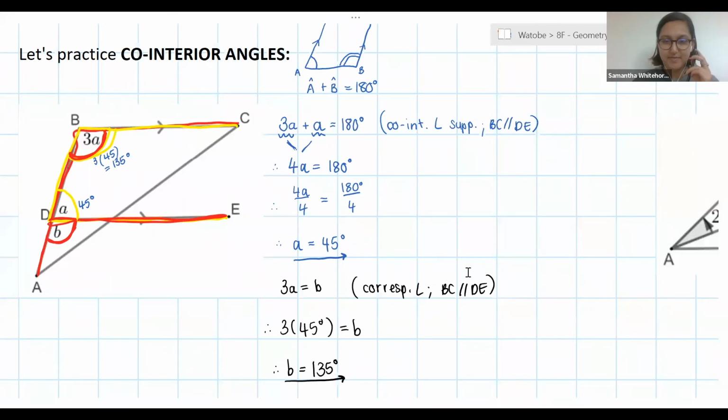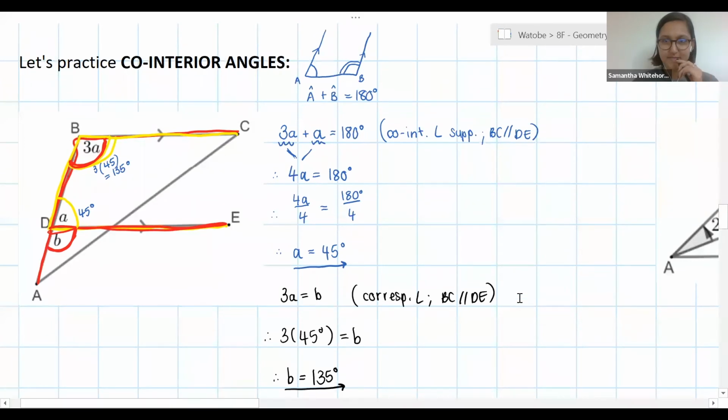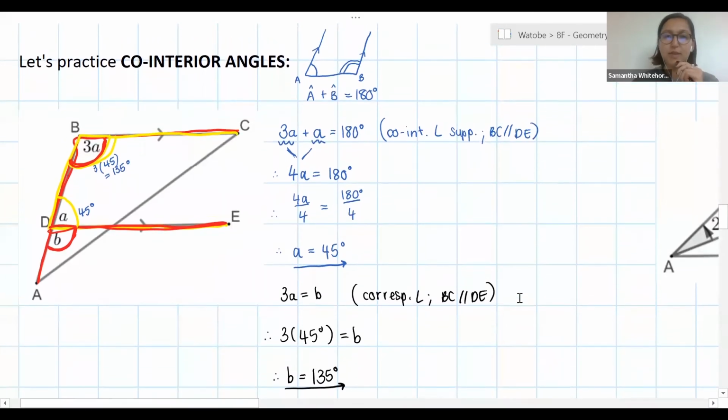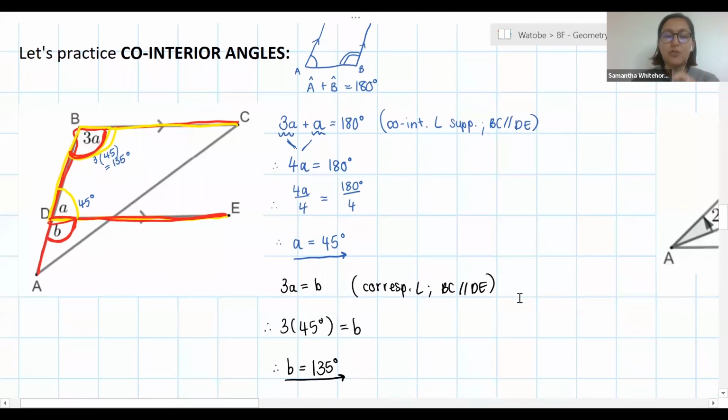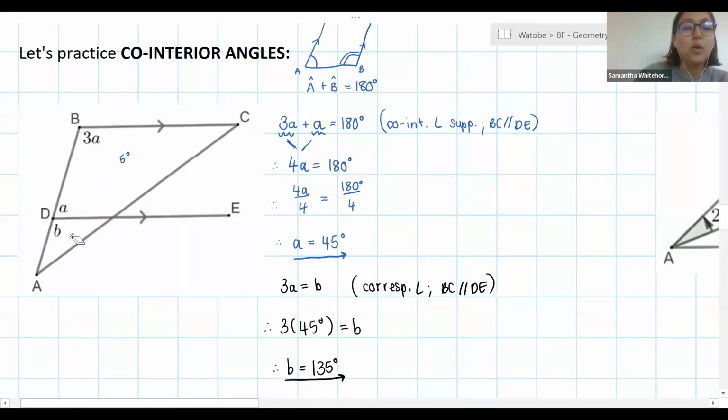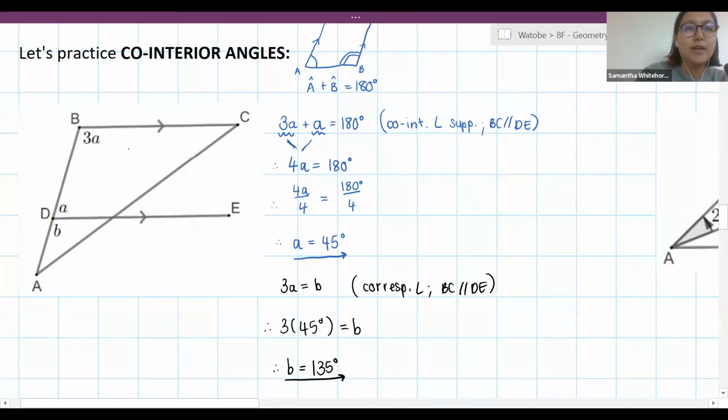Okay, teacher Sam, while we're busy trying to fix that, Lifika is saying, can you please explain how we did B? Okay, so guys, I'm going to run through this one more time. For the first solution of A, we saw that we had co-interior angles.